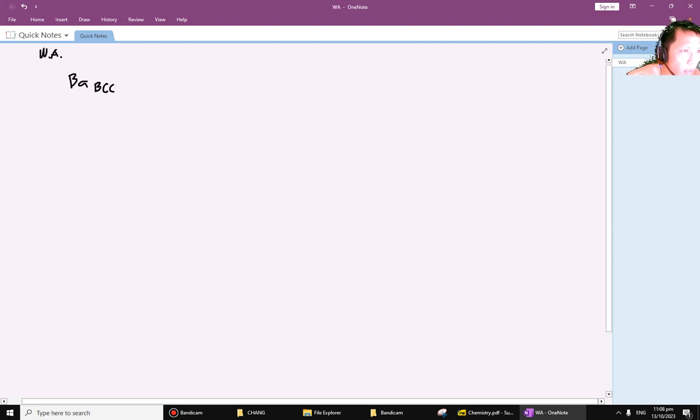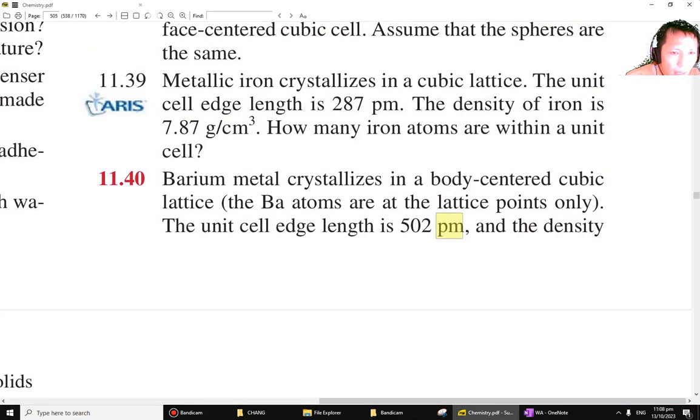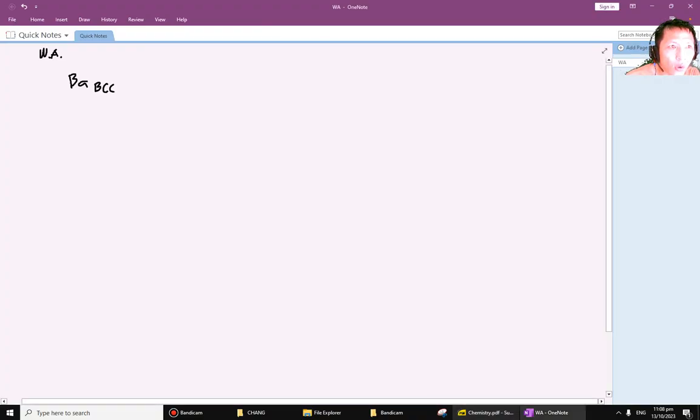So we were given barium, which is a BCC, and then the unit cell edge. So the unit cell edge is talking about the A, as I told you in previous videos. So if that is a BCC, the cell edge length, meaning the sides, this is the A. That is the distance between here and here.